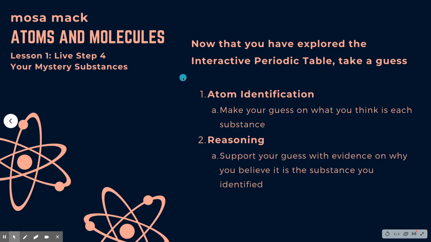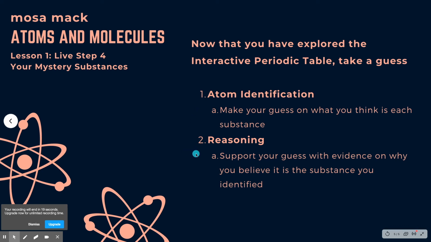Now that you have explored the interactive periodic table, it's time to take your guess. Go back to that table in step 4, and the first thing you want to do is atom identification. Make your guess on what you think each substance is. Once you're done making your guess, support it with a reasoning.